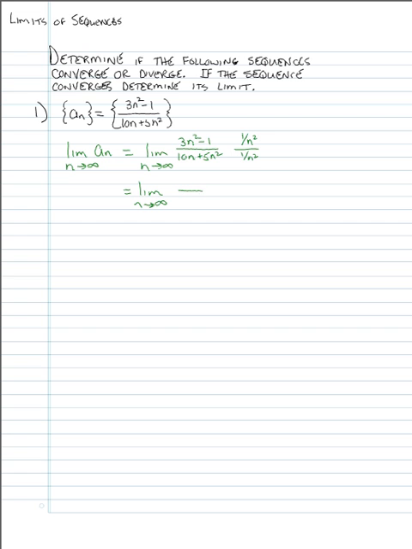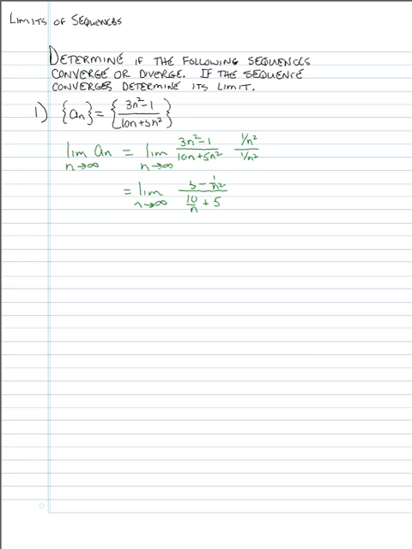And so when we do that, we end up with a 3n squared over n squared, which is 3, minus a 1 over n squared for our numerator. And then in our denominator, we'll have a 10n over n squared, which simplifies to 10 over n, plus 5n squared over n squared, which just simplifies to a 5.